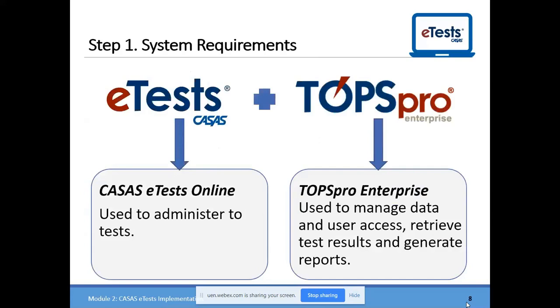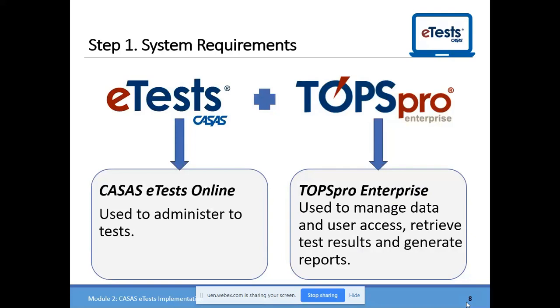So there are two ways that you do CASAS e-test. We've got the e-test there on the left-hand side of the screen. This is where you actually go to administer your test. And we'll show you how to get to that. Then the other is TOPSpro.